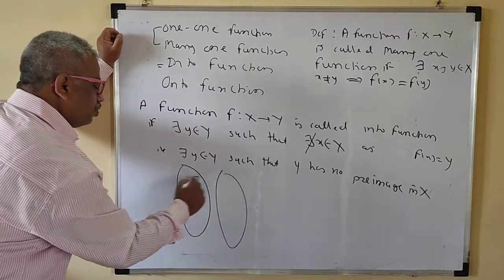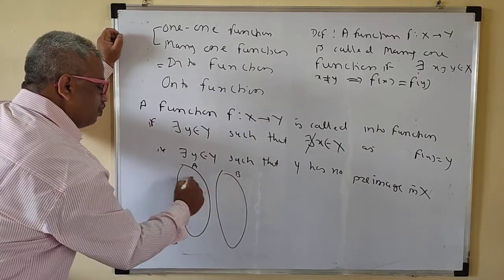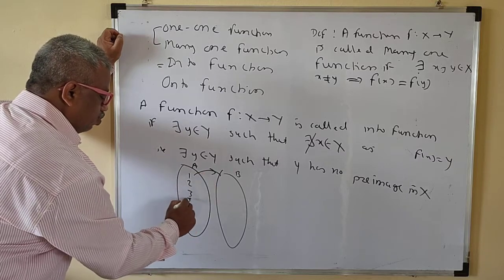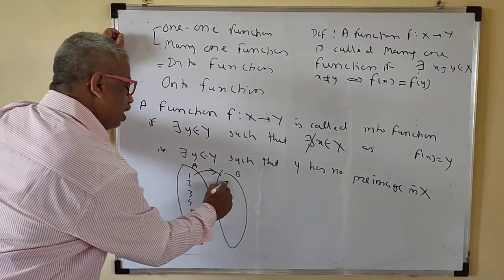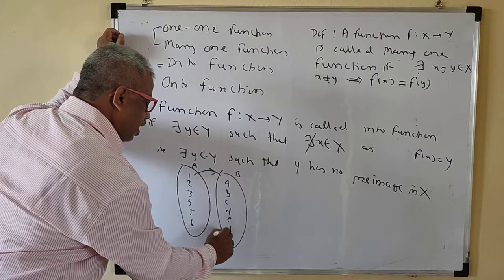Suppose this is A, and suppose this is B. This is your function: 1, 2, 3, 4, 5, 6, and this is A, B, C, D, E, F.